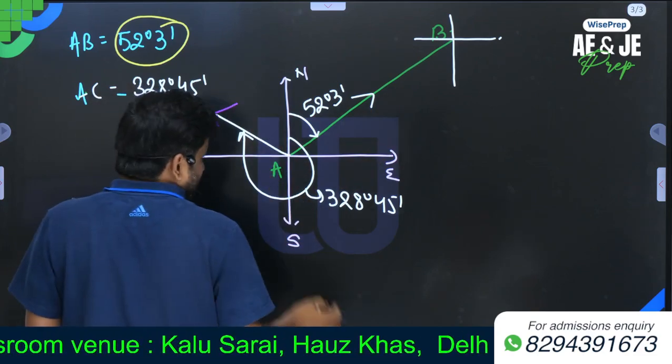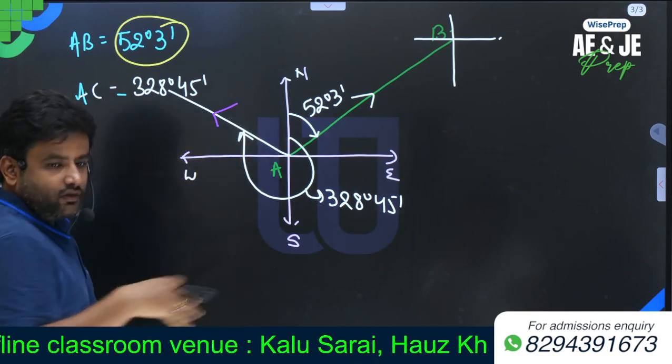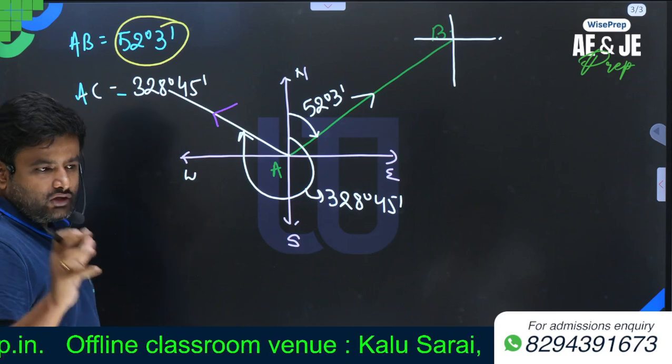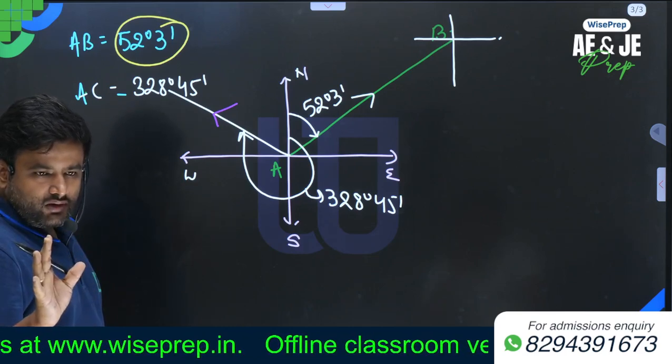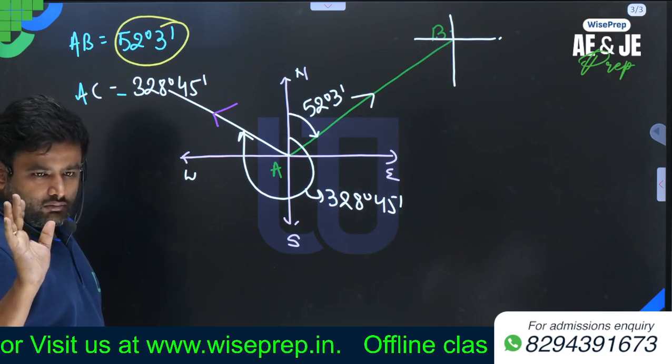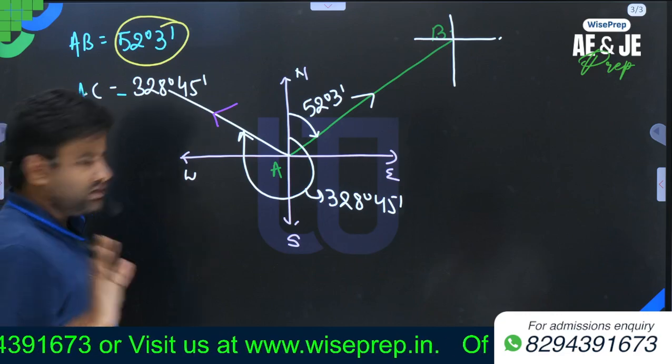Here it's not defining whether clockwise or anti-clockwise, but we prefer to give the answer in clockwise direction. If a clockwise answer is not given, then go for anti-clockwise, but first priority is the clockwise direction.